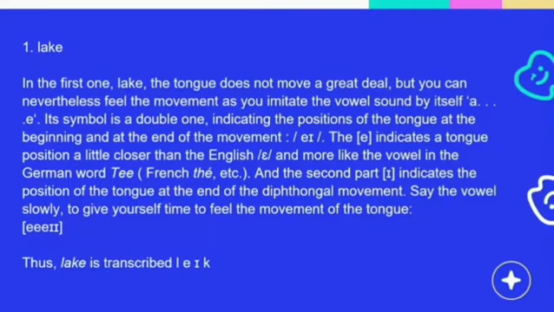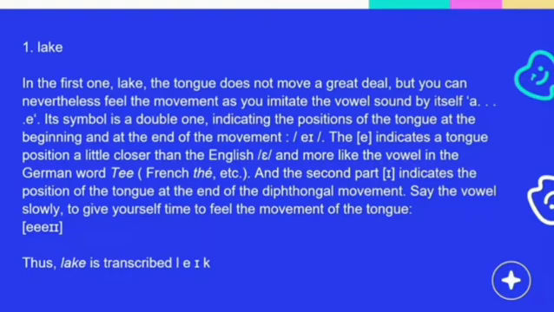Lake. In the first one, lake, the tongue does not move a great deal, but you can nevertheless feel the movement as you imitate the vowel sound by itself. Its symbol is a double one, indicating the position of the tongue at the beginning and at the end of the movement.